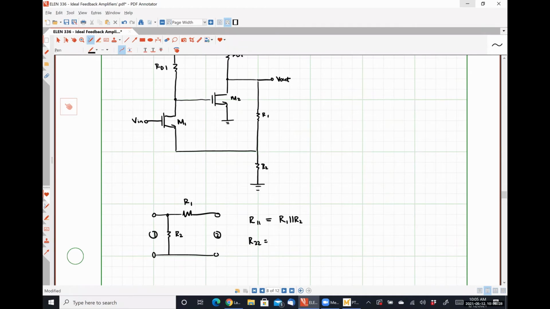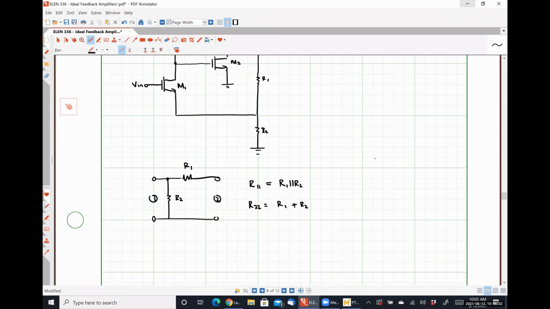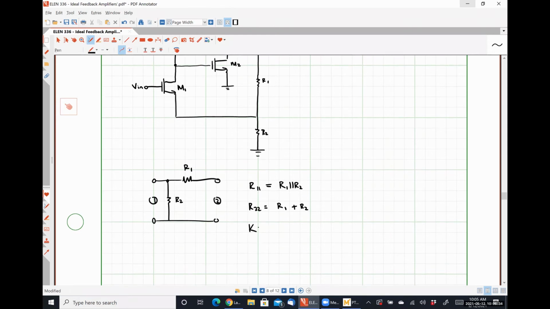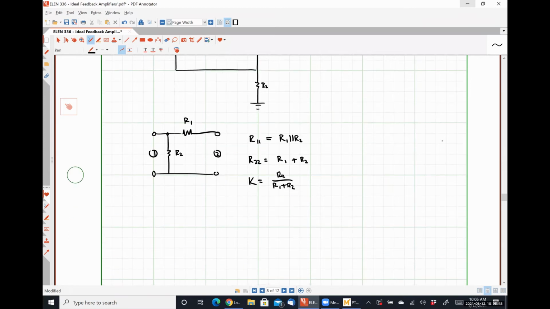R22, they're still in series, so that's R1 plus R2. And then our feedback factor K is just R2 over R1 plus R2. Now we have everything that we could possibly need to construct our open loop circuit to determine our open loop gain.